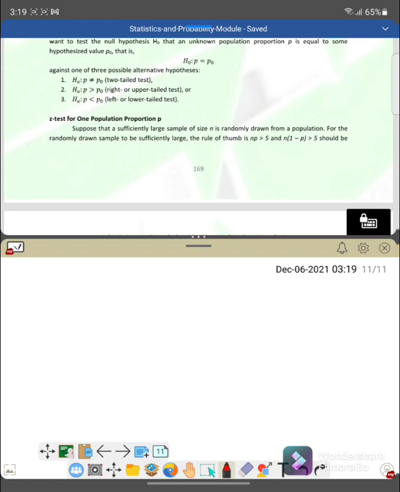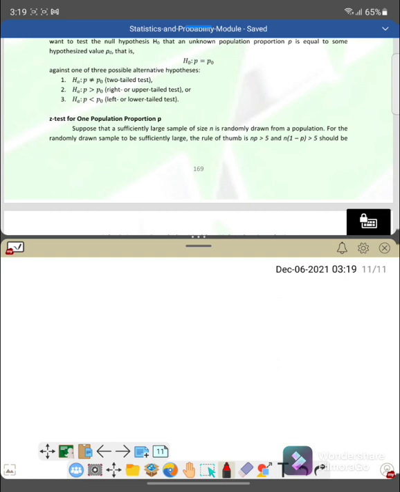And lastly, we have the alternative hypothesis that the population proportion is less than your hypothesized population proportion. So again, we could use the z-test for one population proportion.